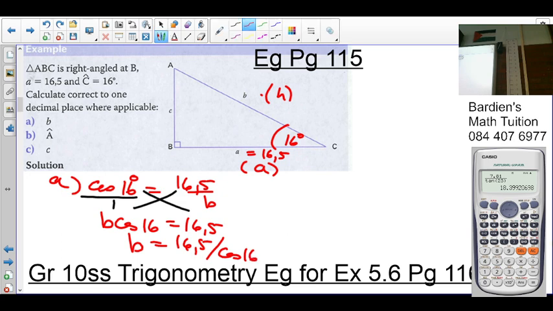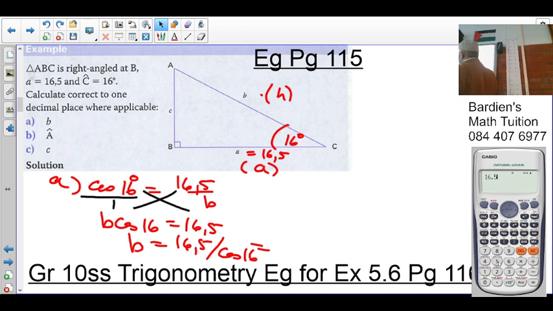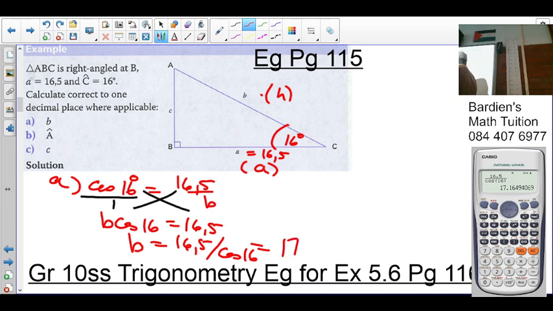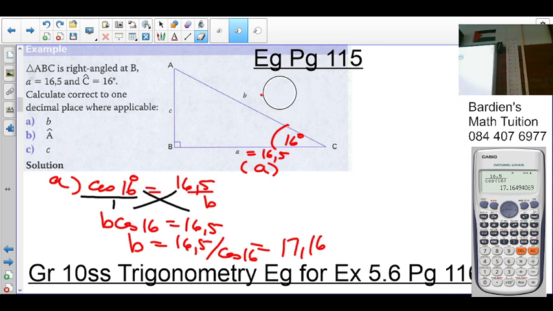Which means b works out to be... work it out. 17.16. You all agree with that? 17.16. Then we replace this, we put this 17.16.